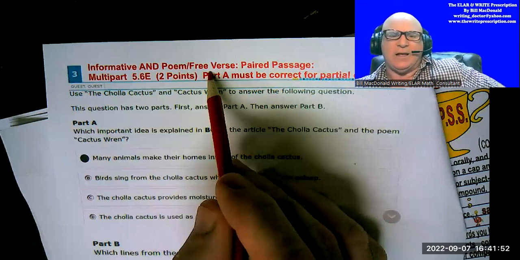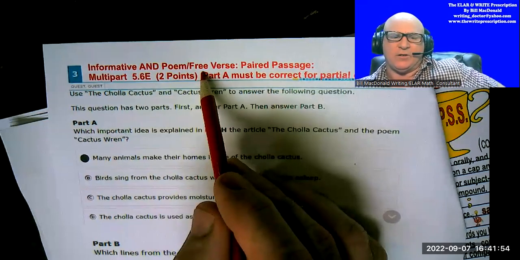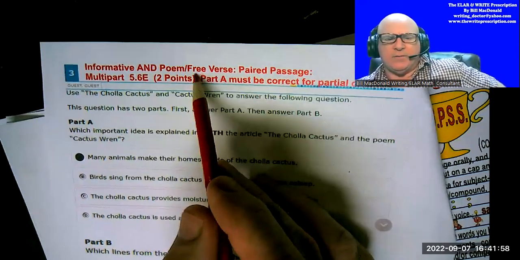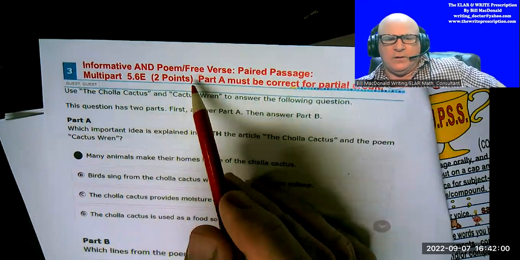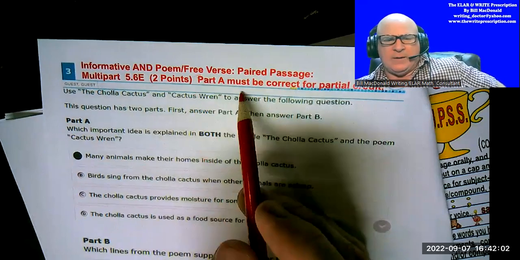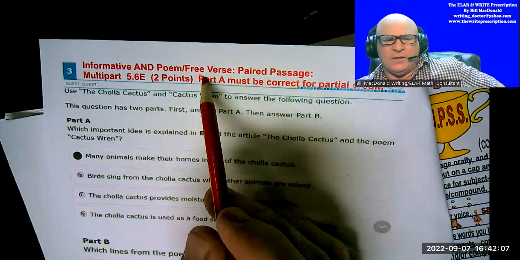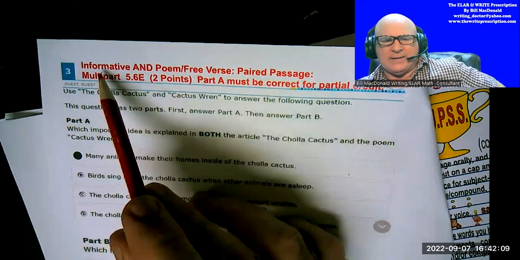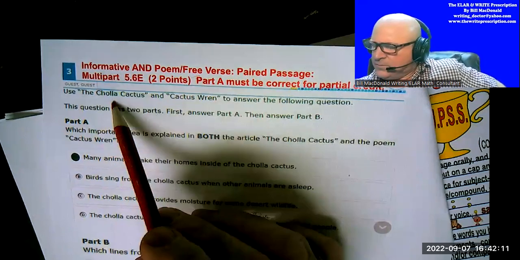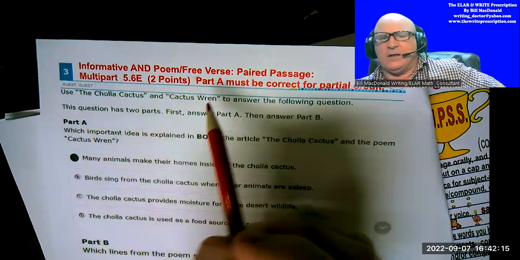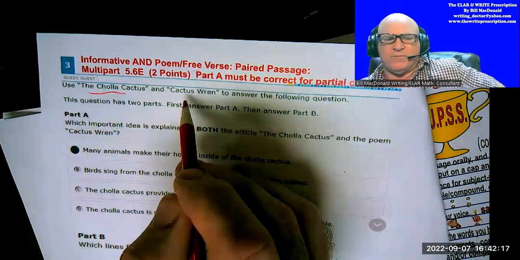So it's almost like a story written in first person or second person in most cases, sometimes in third person. So the other one was an informative. And so they said use the cactus wren, the poem, to answer the following questions.